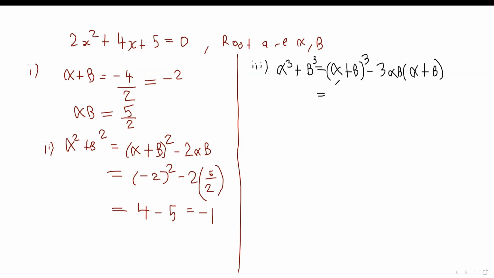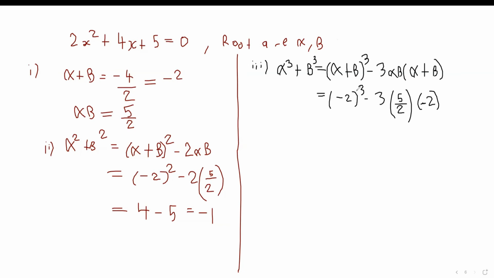So alpha plus beta was minus 2, so we have minus 2 cube. Then we want minus 3 times alpha beta, which is 5 over 2, times alpha plus beta, which again is minus 2.